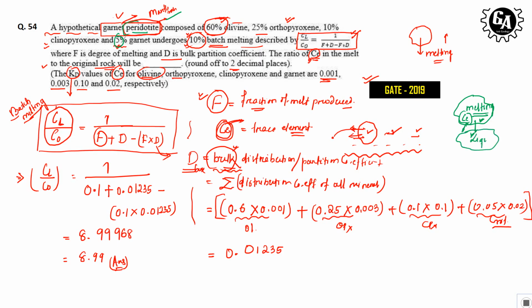Always remember, liquid is always considered to be one phase, because in that liquid you will not be able to differentiate its constituents. Like in solid, if it is granite, what are the major minerals? Quartz and feldspar. So granite is solid, and within that solid, quartz is a solid mineral, feldspar is a solid mineral.